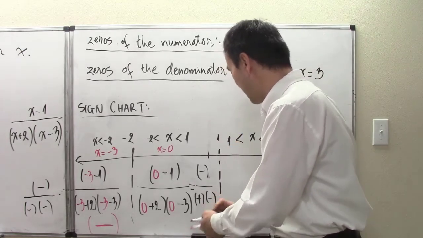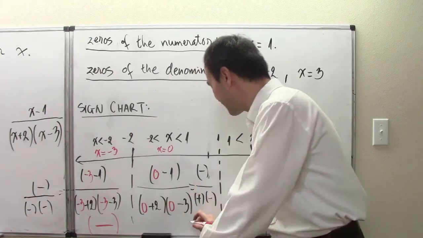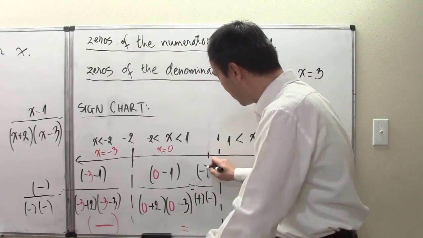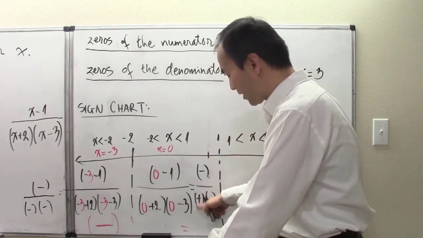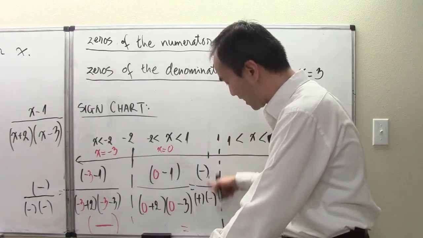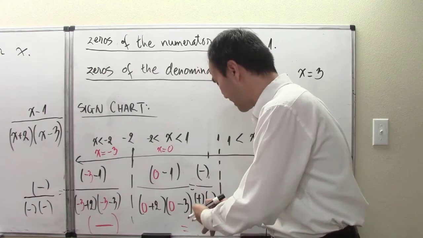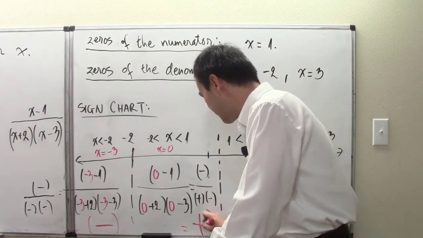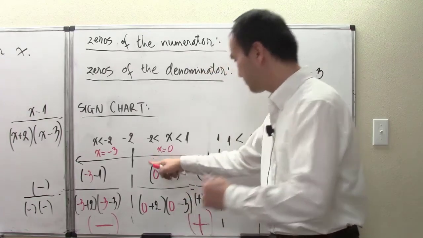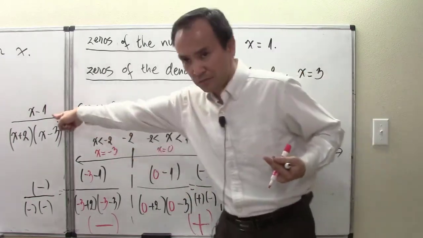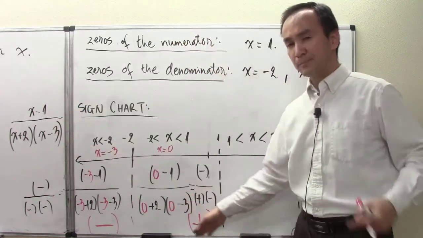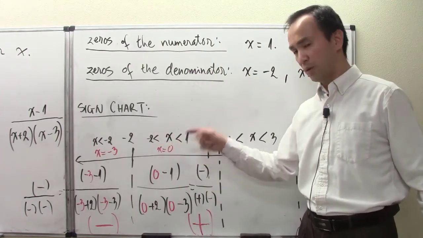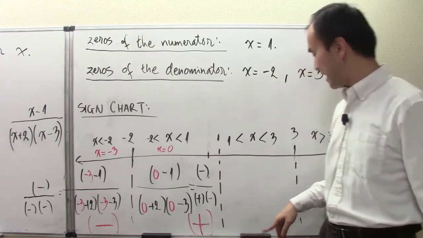And so now our overall sign calculated to be, it's negative in the numerator, and in the denominator it's also negative. So negative divided by a negative, so it now turns out positive for the entire interval here. That's the output of this rational function will turn out positive in this entire interval, anywhere between negative 2 and 1.